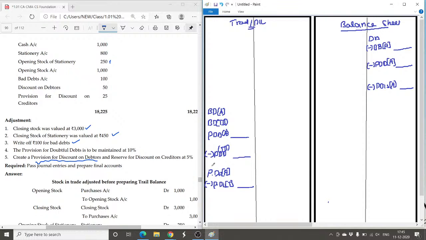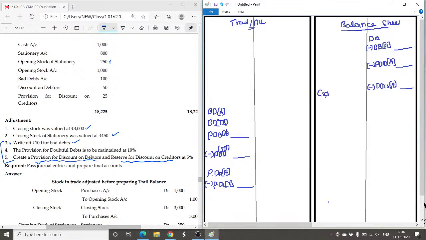But the format is given here, right? So write off bad debt. So this 3, 4, 5, all the three will be posted later. And here reserve for discount on creditors is there. Similar to the provision for discount, we have the reserve for discount on creditors also.